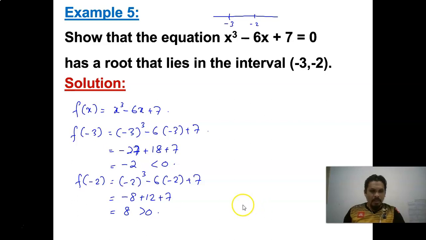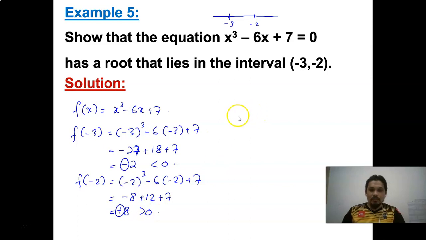Let me check again. -2 cubed equal to -8. -6 times -2, 6 times 2 is equal to 12, and then plus 7. 12 plus 7 is 19. 19 minus 8 equal to 11, whatever, it's still positive. So the sign changes from negative to positive, from less than 0 to greater than 0.